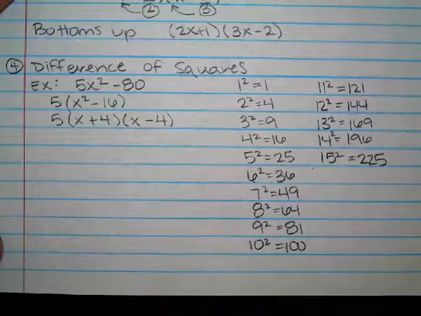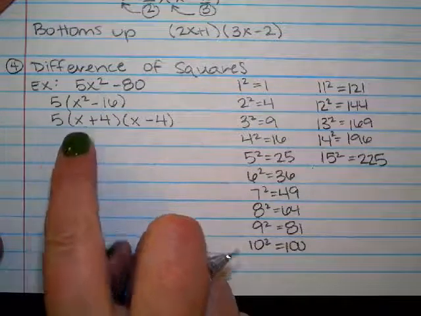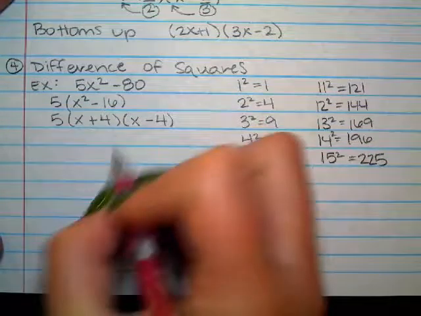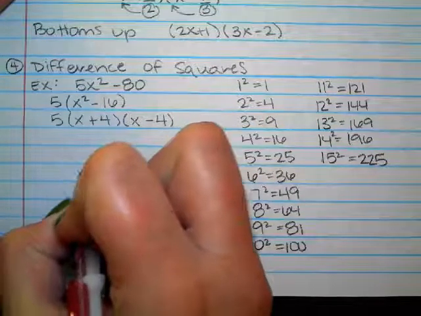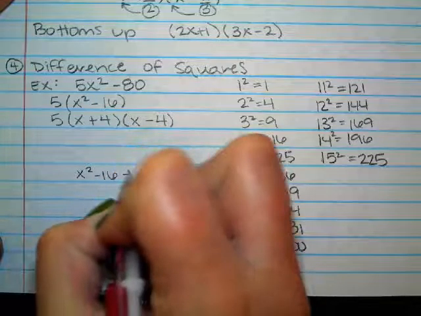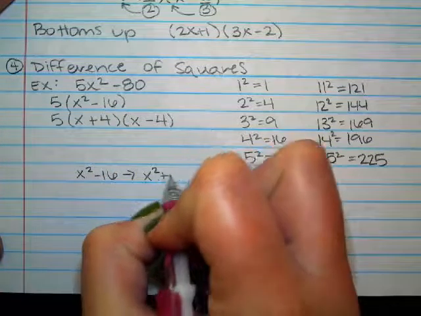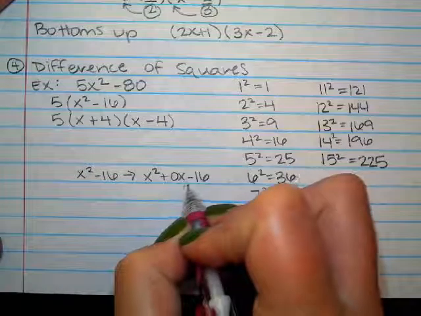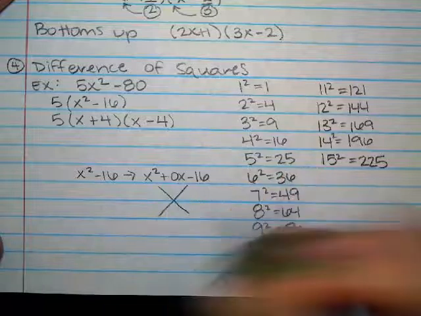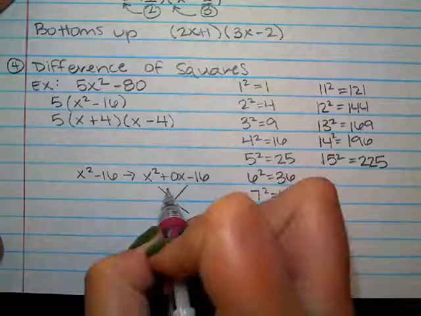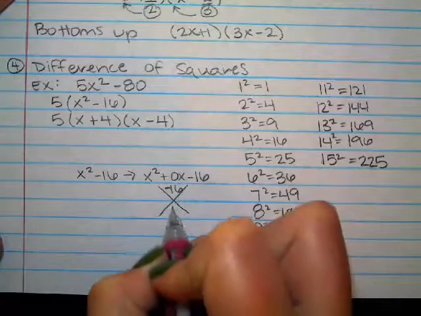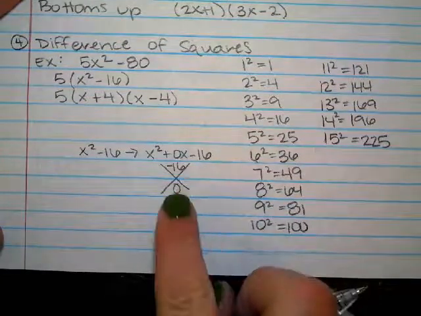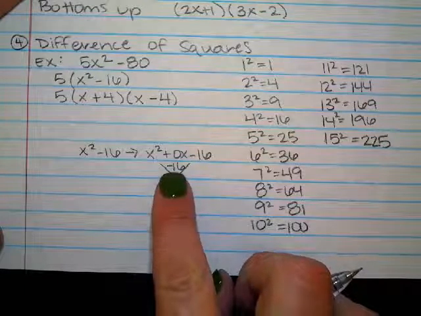Now, if you need a reason to believe that that is correct, you can think of x squared minus 16 as x squared plus 0x minus 16, which means that if you were to factor it, you'd be looking for two numbers that multiply to negative 16 but add to 0. And those two numbers would have to be the same, because they'd have to cancel out.